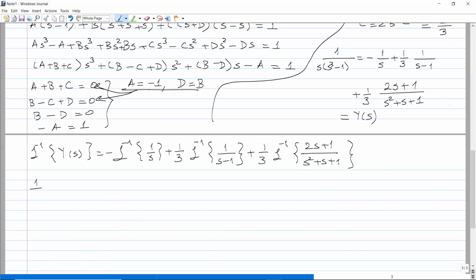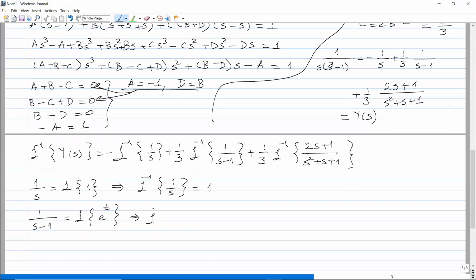Now, we know that 1 over s is the Laplace transform of 1. So this means inverse of 1 over s is 1. 1 over s minus 1 is the Laplace transform of e to the t.